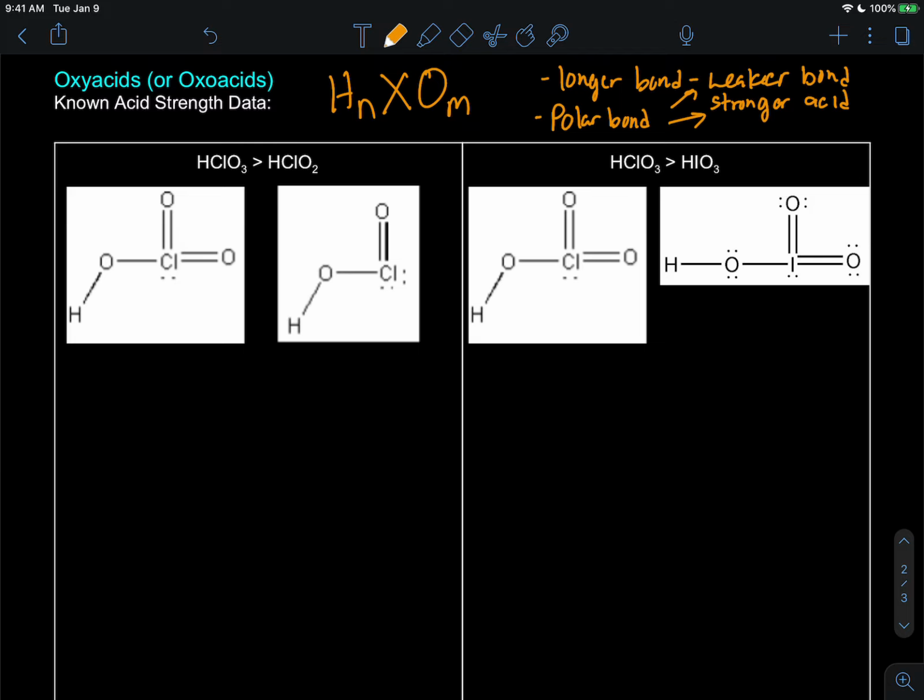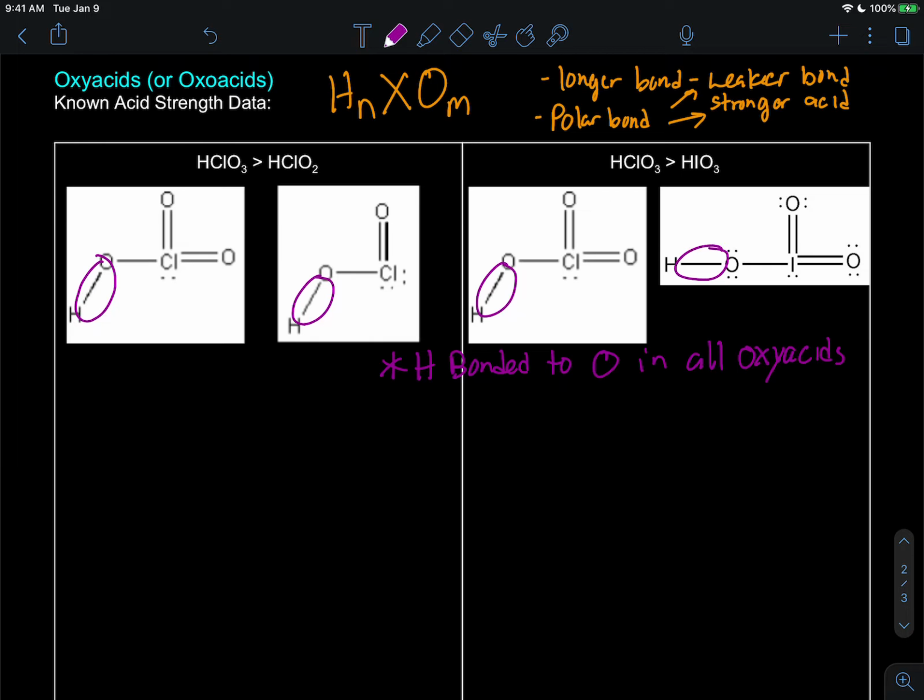Now, as we look at our oxoacids, one important observation to make is that our hydrogen is always bonded to an oxygen here. So in all oxyacids, our hydrogen is bonded to oxygen.